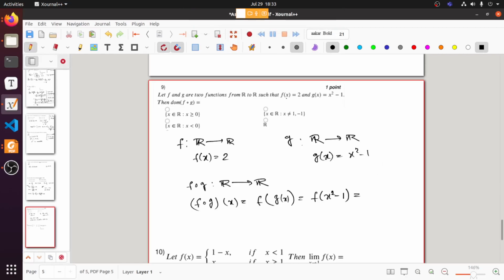Then f is a constant function, right? Whatever is in the domain, it will always give 2, right? So f compose g is again a constant function, right? So what will be the domain of f compose g? Its domain is also R, right? For all values of x, it gives the value 2. So the domain of f compose g is the whole set of real numbers. So option 4 is correct. Is this fine for everyone?